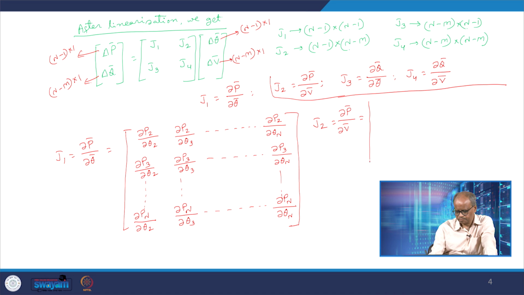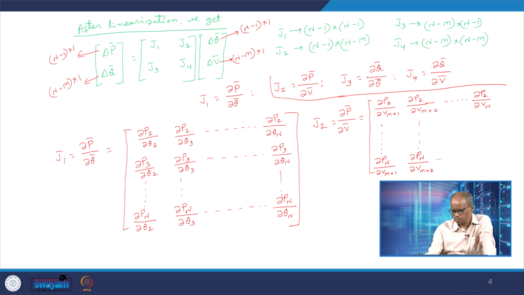So it is basically del P2 by del Vm+1, then del P2 by del Vm+2, then dot dot dot del P2 by del Vn, and then it is del P3 by etc., and then dot dot dot del Pn by del Vm+1, then dot dot dot del Pn by del Vm+2, dot dot dot del Pn by del Vn.